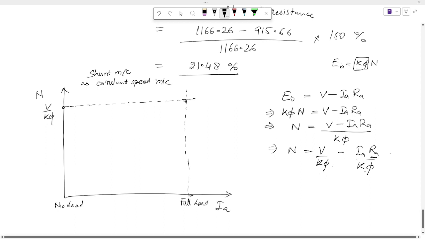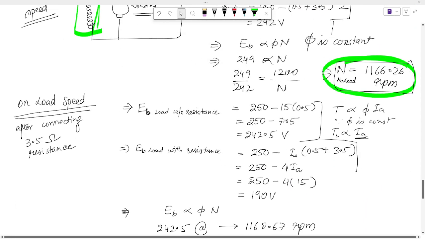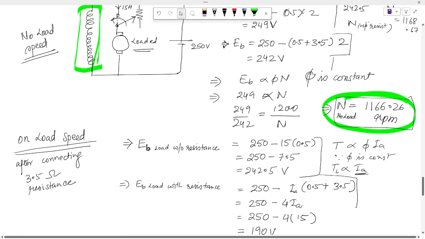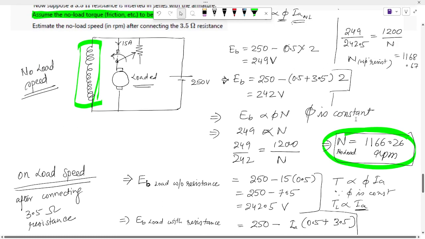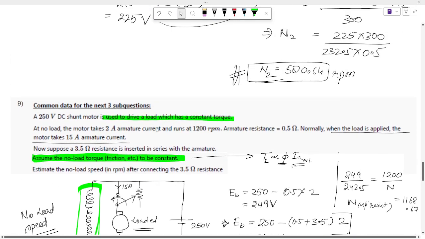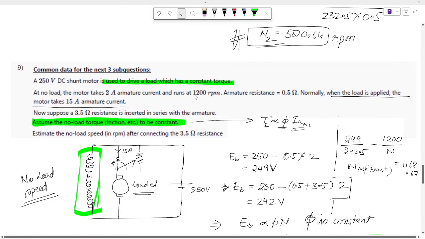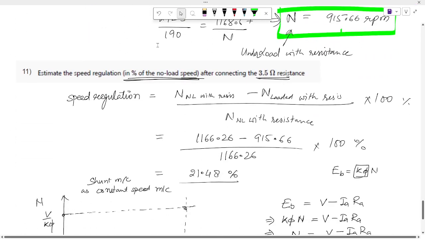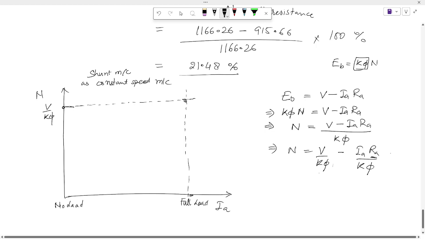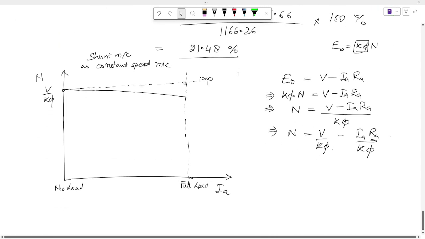Now, see, consider no load, which is 1200 rpm at 2 ampere. There is a small drop.